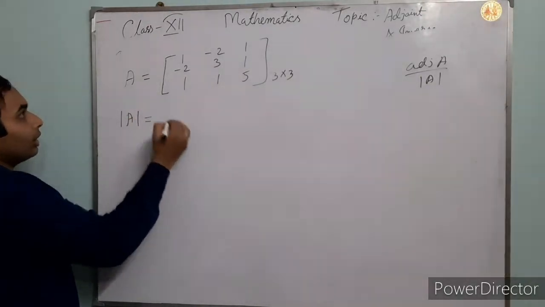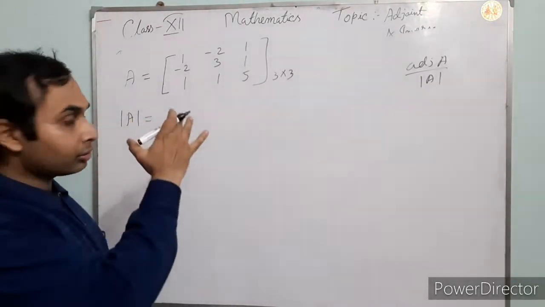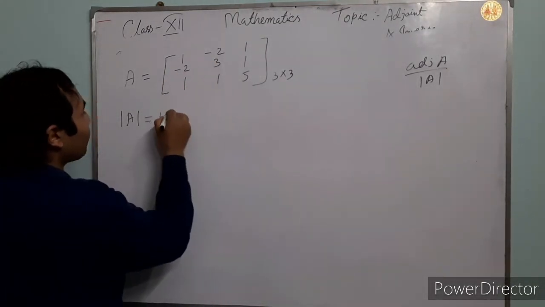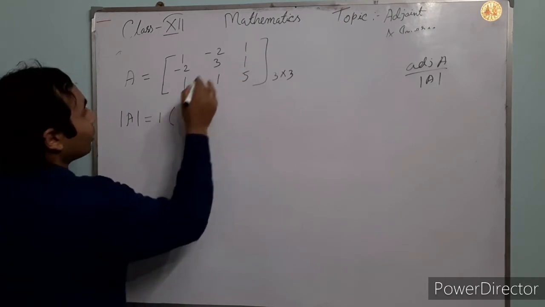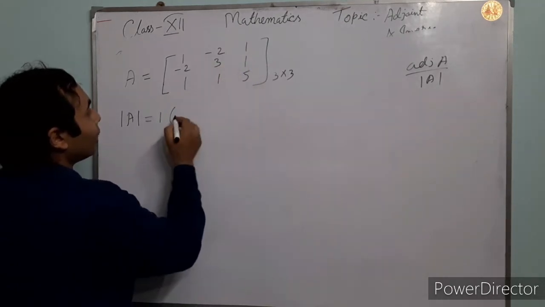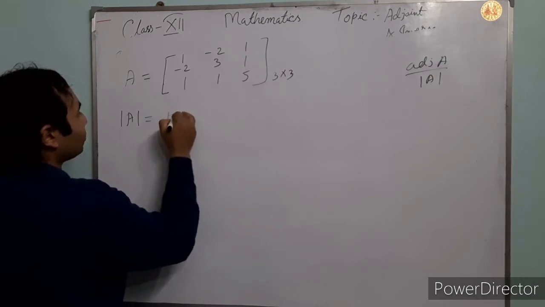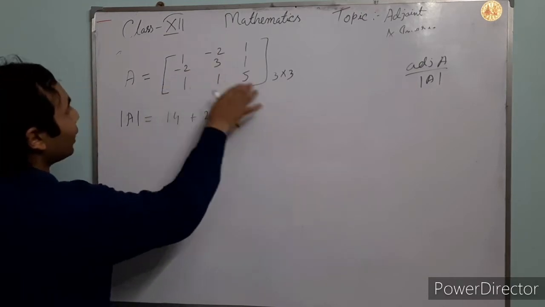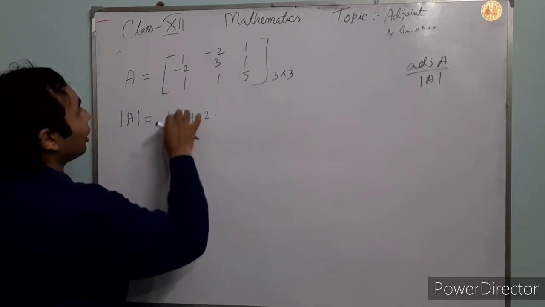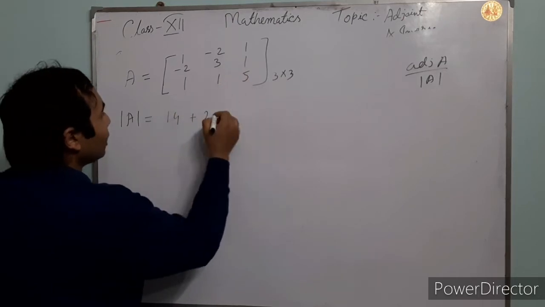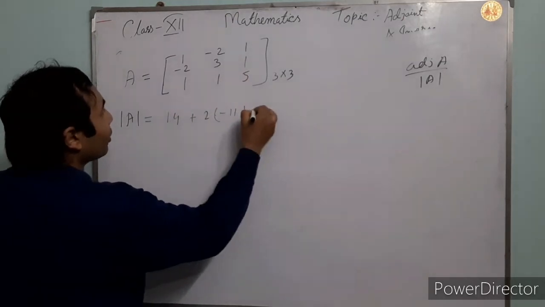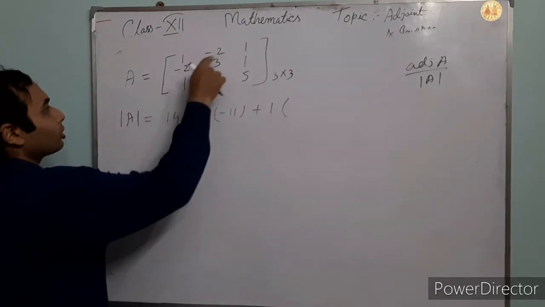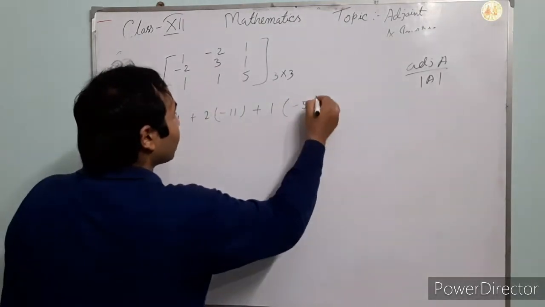So det A equals, I am doing this in the straight way, the expansion. 1 into 15 minus 1, that is 14, plus 2 into minus 10 minus 1, that is minus 11, plus 1 into minus 2 minus 3, that is minus 5.